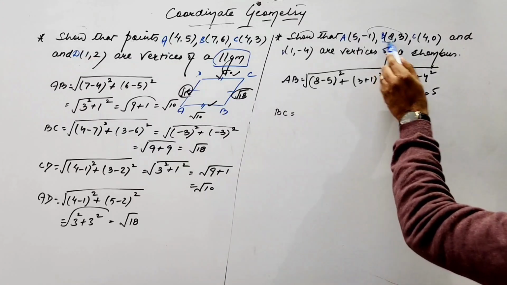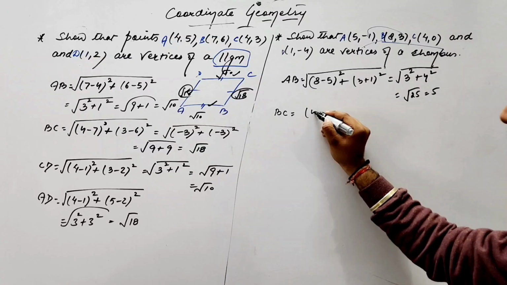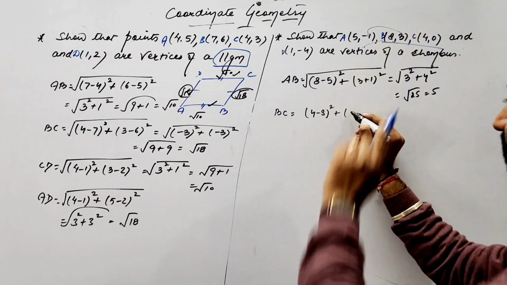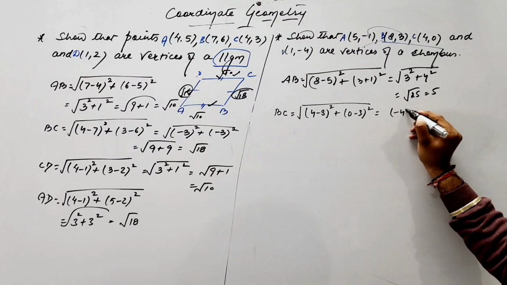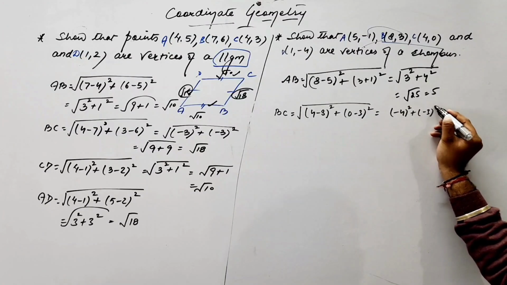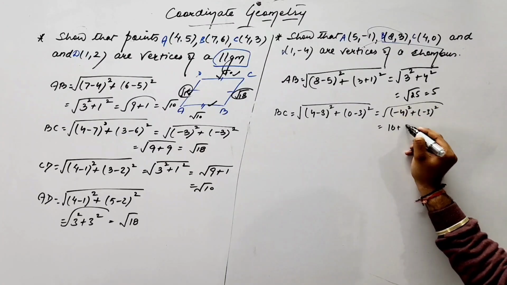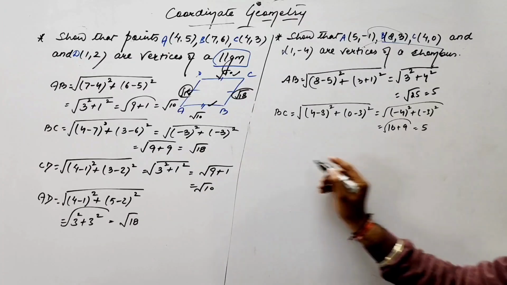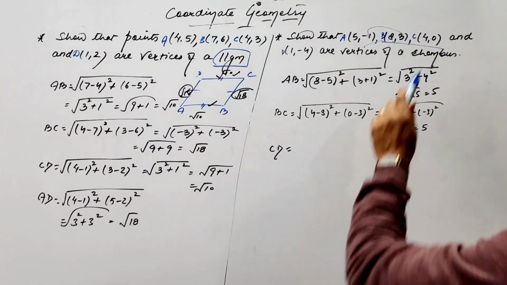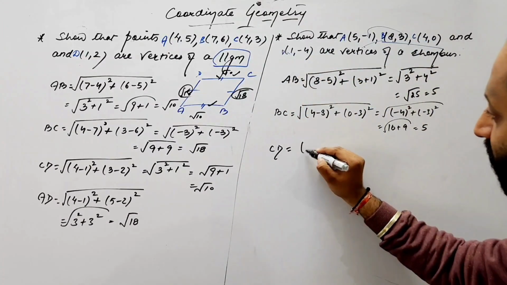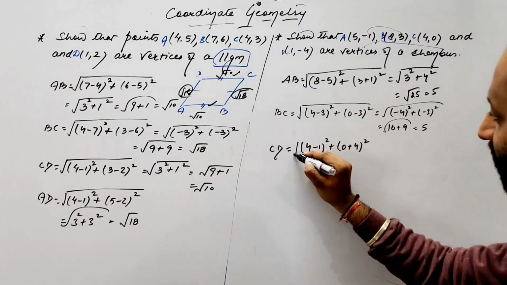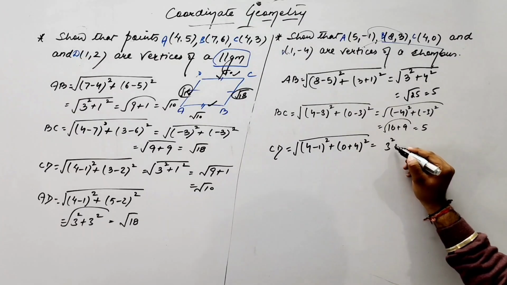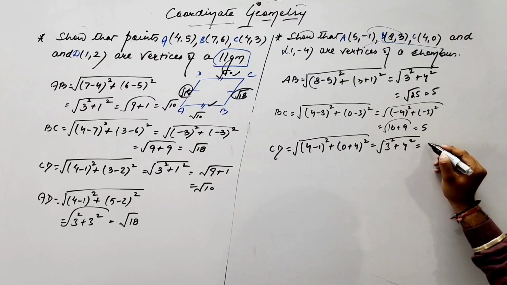BC. 4 minus 8 square plus 0 minus 3 square. Minus 4 square plus minus 3 square, that is 16 plus 9, 25, that is again 5. CD. 4 minus 1 square plus 0 minus minus 4 square. 3 square plus 4 square, 9 plus 16, 25.